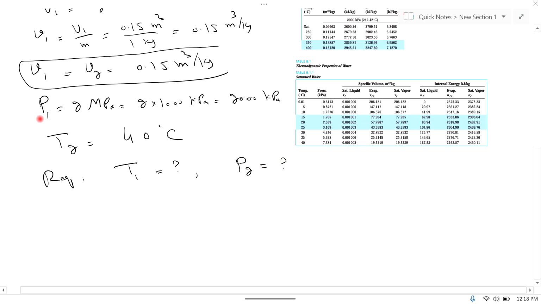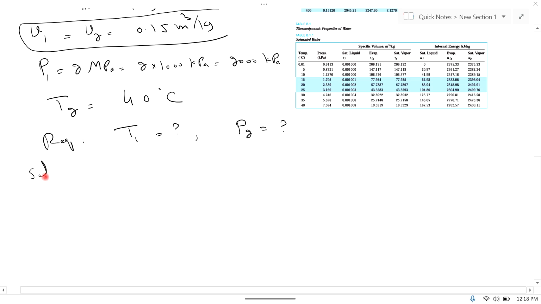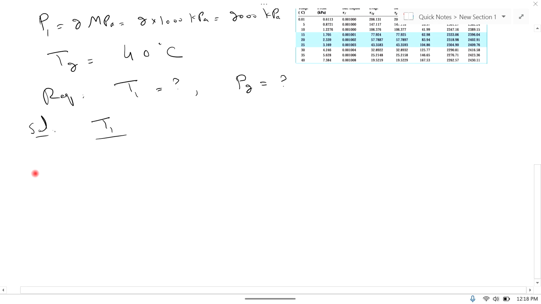So we start solution. First we find T1. So first we check whether the initial state is in mixed region or in superheated region.